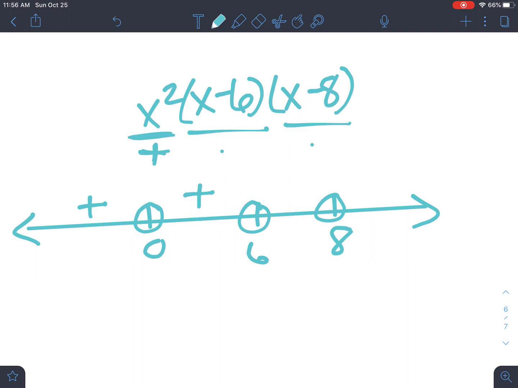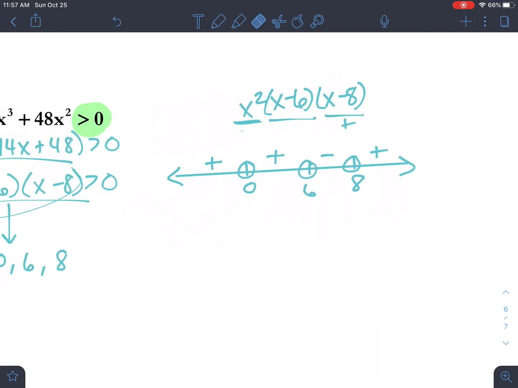If I plug in 7 here, I'd get a positive always, times a positive, times a negative. Positive times a negative is a negative. All right, and then last but not least, 8 to infinity. Let's pick 10. So positive times a positive is a positive.